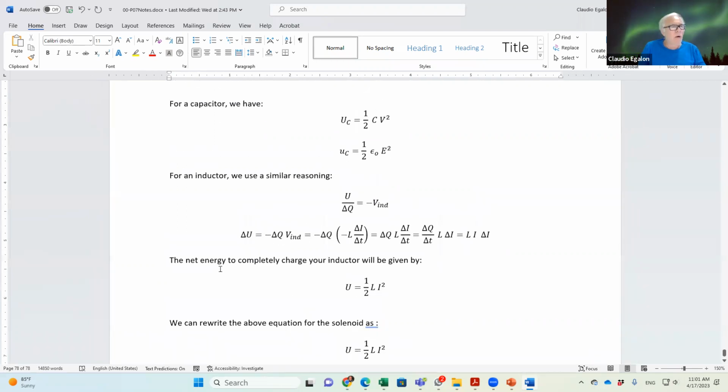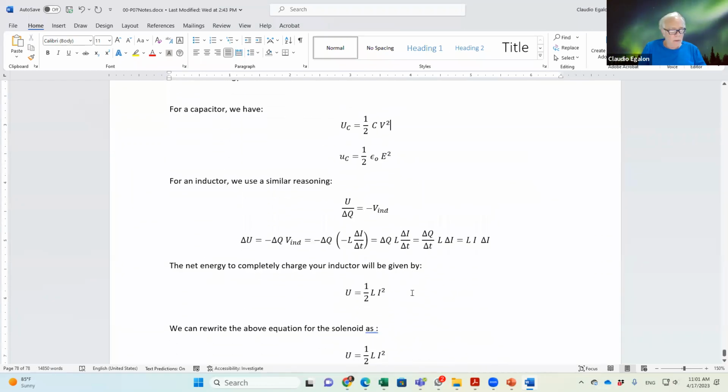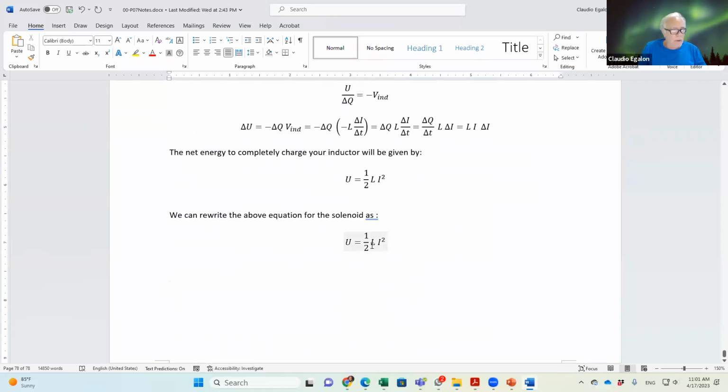Just remember what L for the solenoid is all about. That's the L for the solenoid. I'm going to write that down here. L for the solenoid, go like that. I'm going to rewrite it in a different way, just like the way it's written in the book.